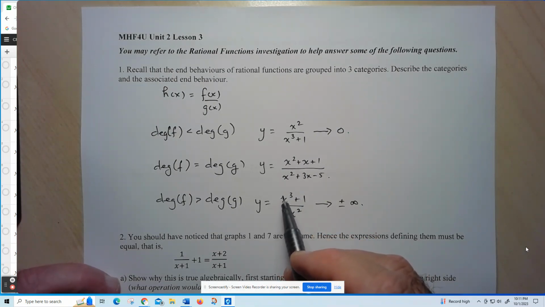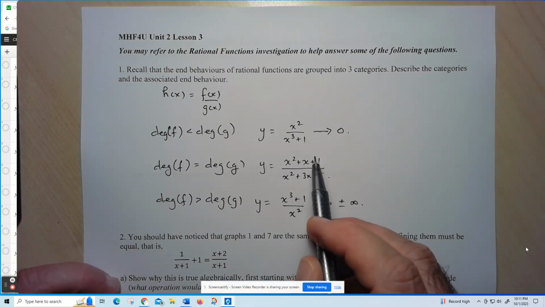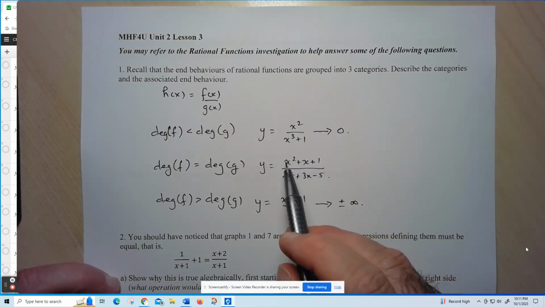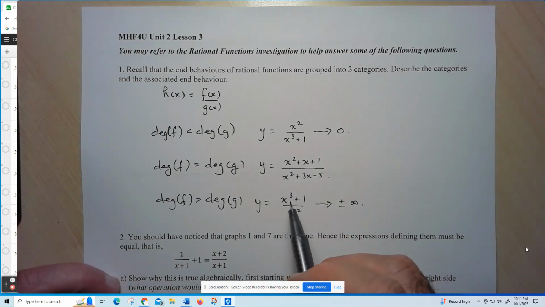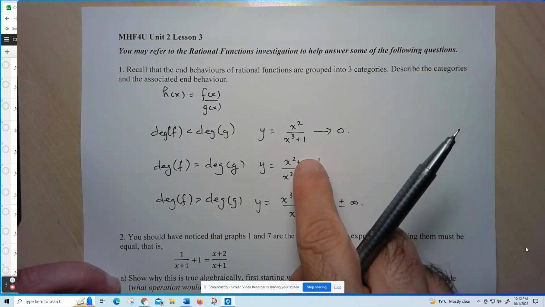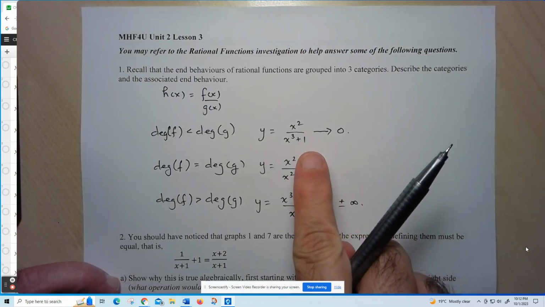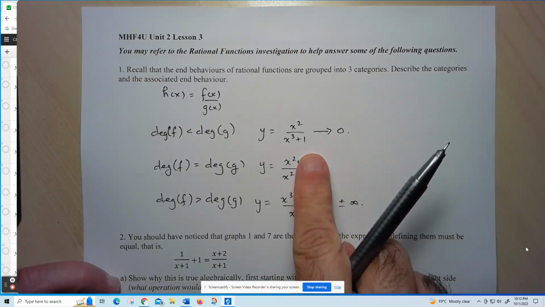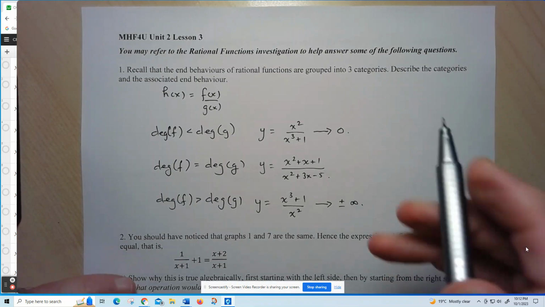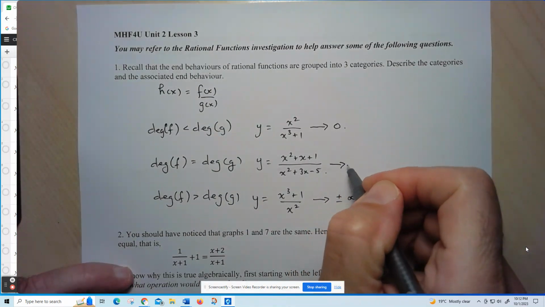So again, if you put in x equals a billion, plus 1 is very large, but it's negligible compared to a billion squared. And similarly in the denominator. And the larger x gets, the more these terms that are not the leading terms become negligible. So slowly, slowly, it starts to look like x squared over x squared. And so eventually, this is just going to approach 1.